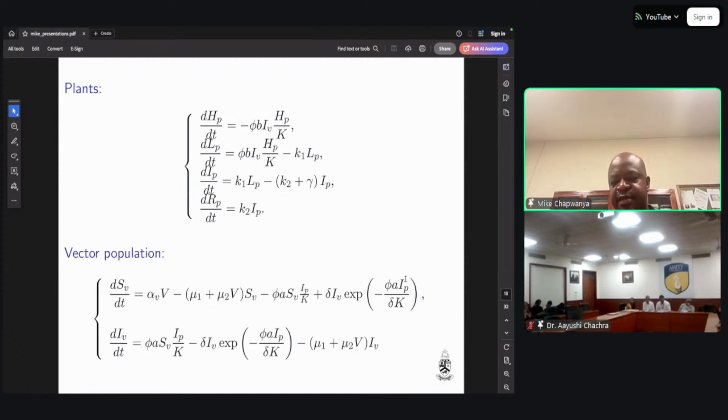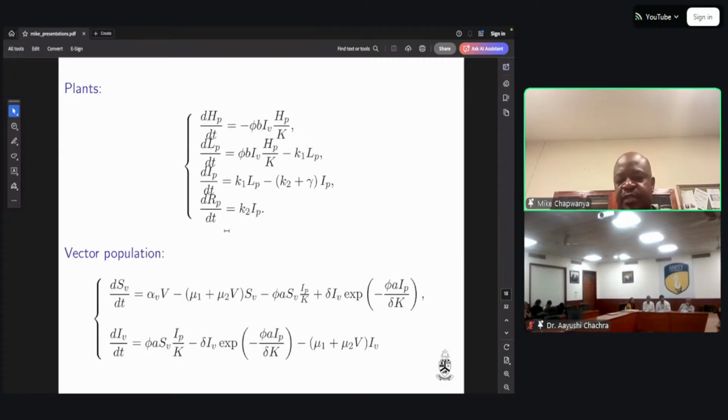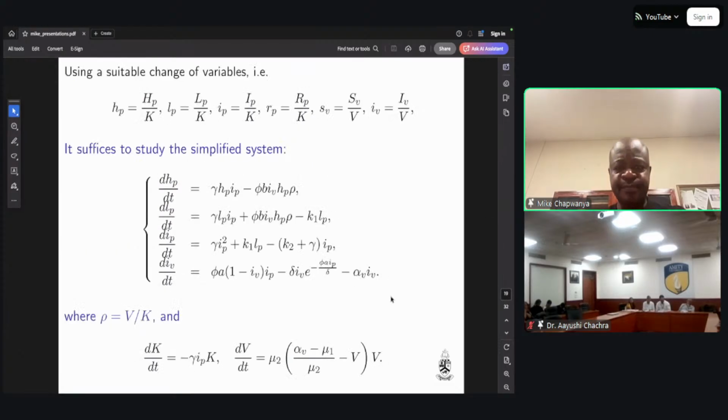But at the same time, you have this exponential function here, which is multiplied by delta. Remember, the delta is just telling us the rate at which an infected vector actually goes back to susceptible again. And in this case, we just use an exponential function, which is the rate at which the virus slowly disappears from the mouthpiece of the vector.